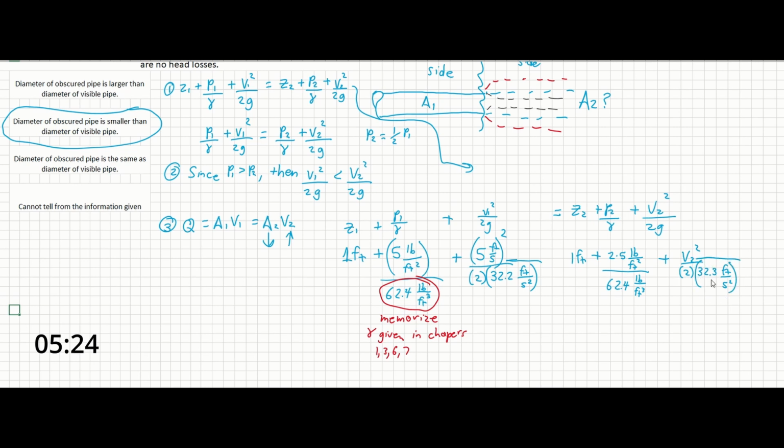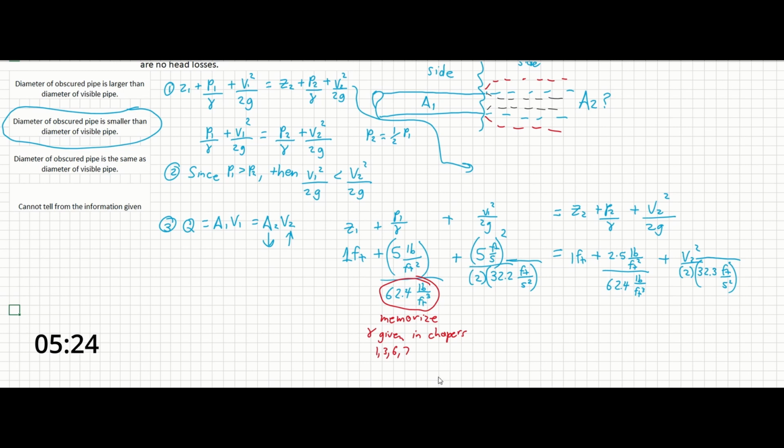So solving this out, you would be able to just run the calculations for this side and then subtract out this term and this term, multiply by 2 times 32 and do the square root.